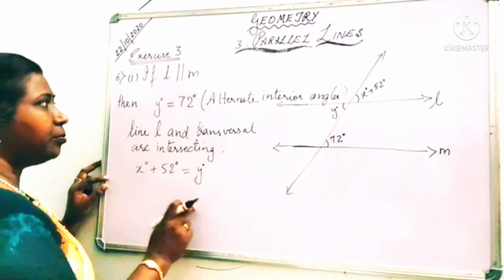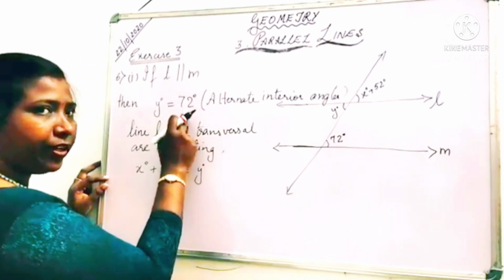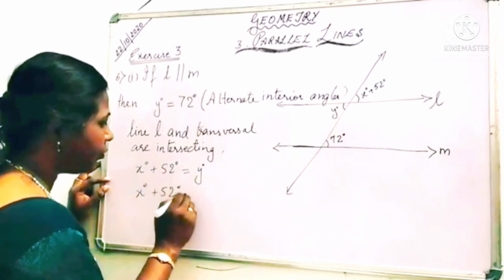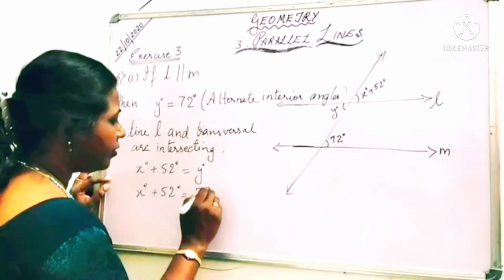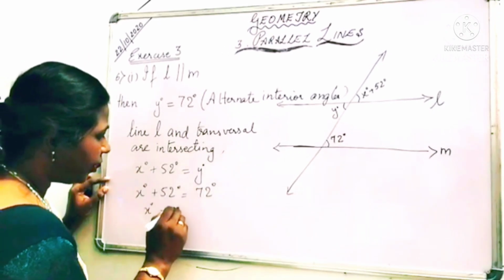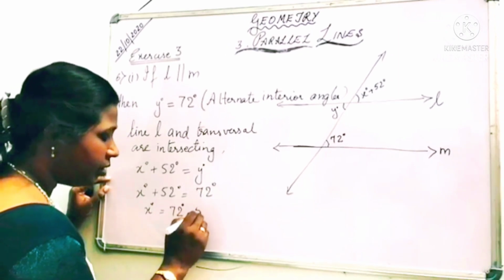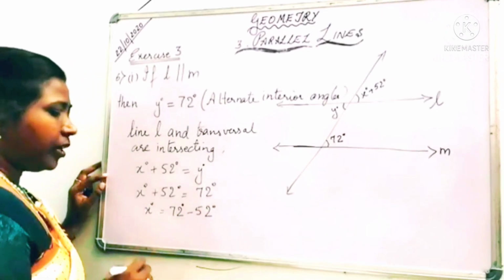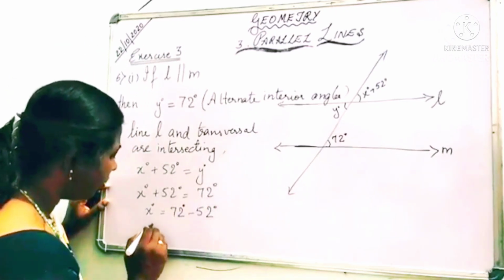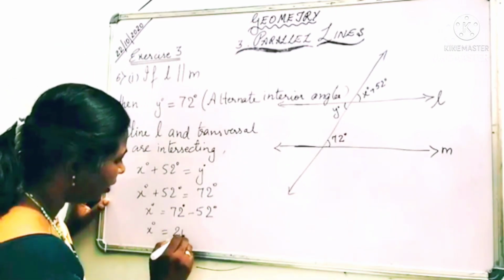Is that clear, students? But we got y degree is equal to 72. So x degree plus 52 degree is equal to y degree, we can write 72 degree. That means x degree is equal to 72 degree minus 52 degree, which is equal to 20 degree.